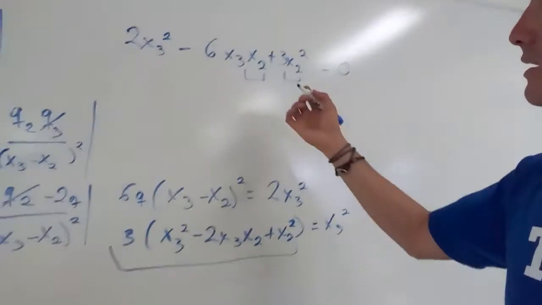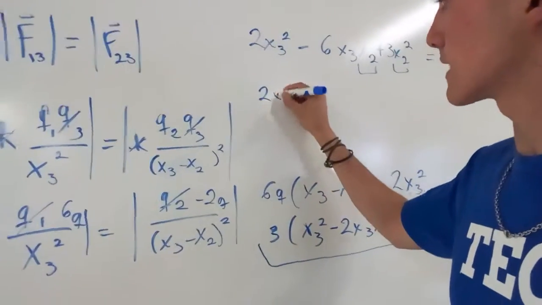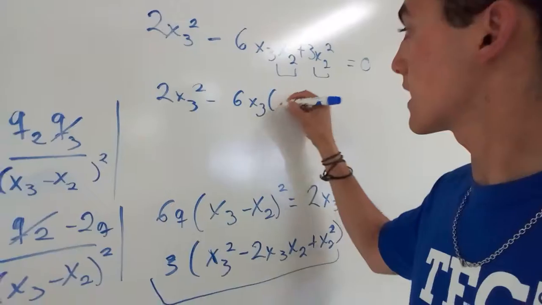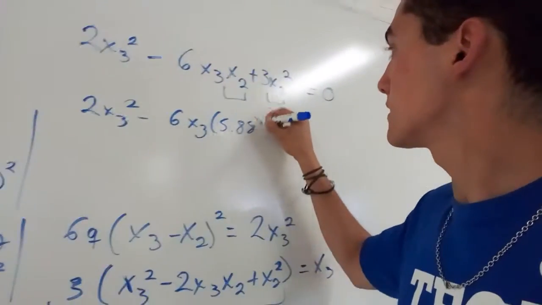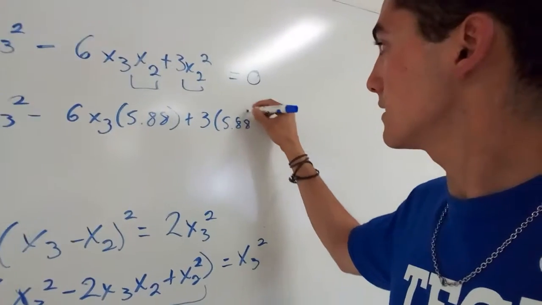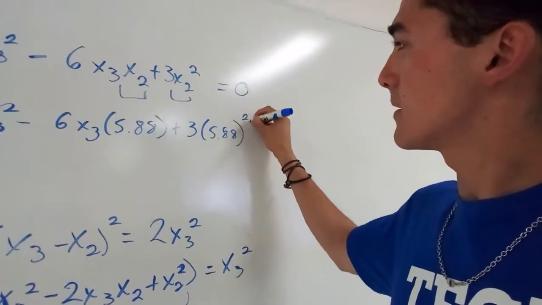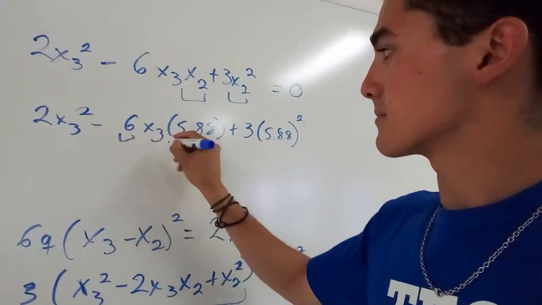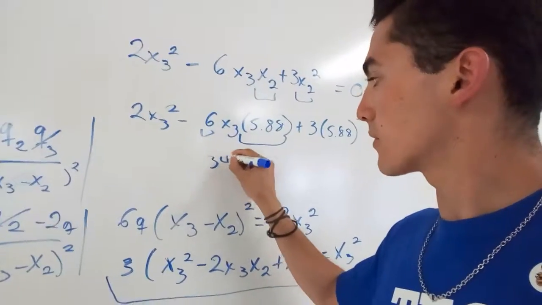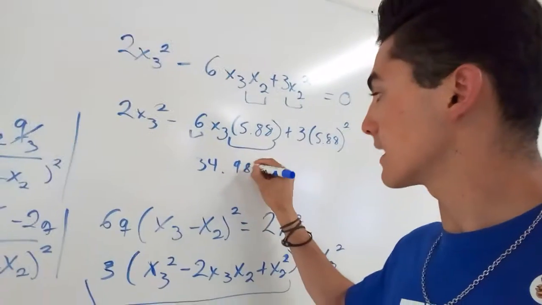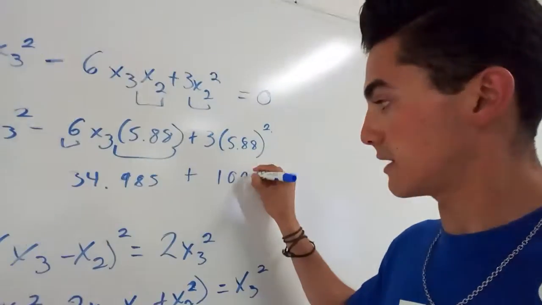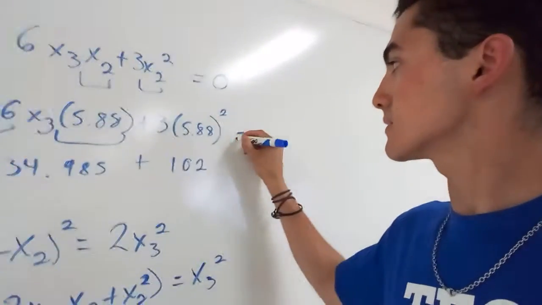So we have 2x3 squared minus 6x3 times 5.88 plus 3 times 5.88 squared, which will be equal to 34.985, and this part will be equal to 102, equals 0.